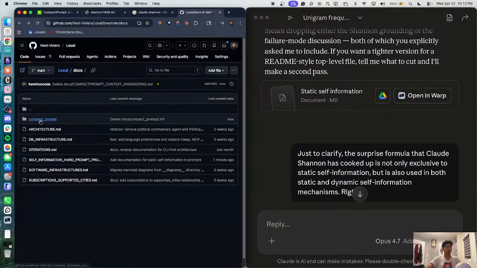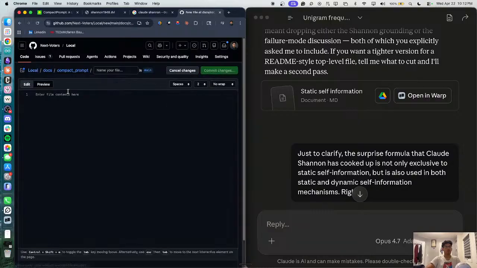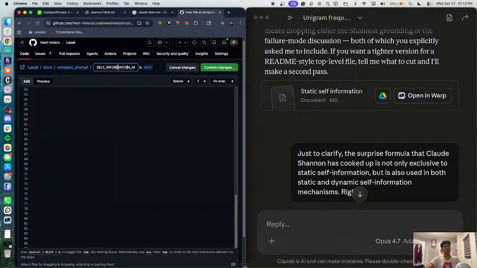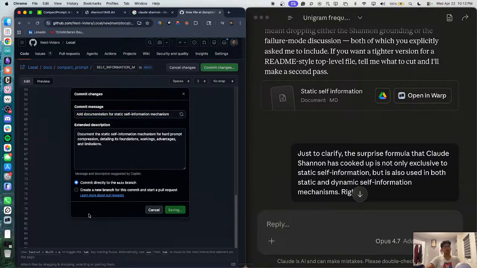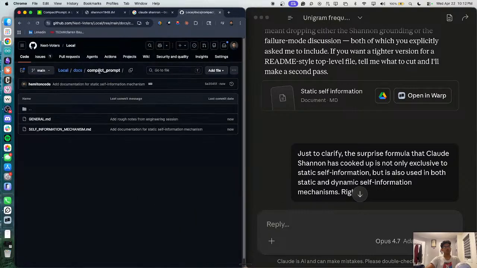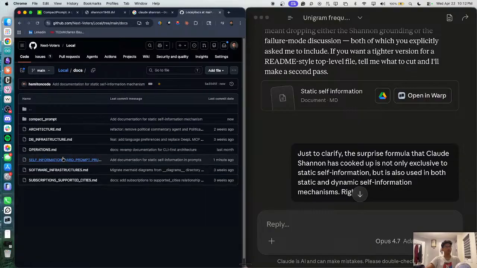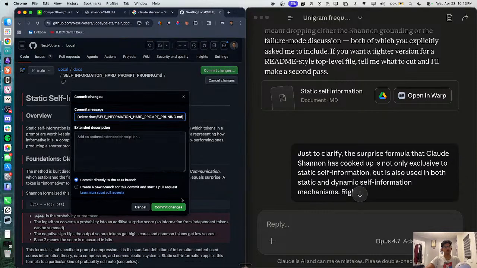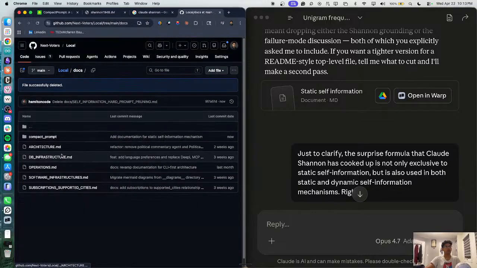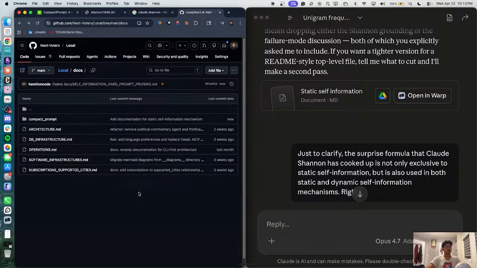Okay, and then I'm going to add this here, self_information_mechanism.md. Great, so I can remove that from here as well. Delete file, and now everything's more organized. Awesome.